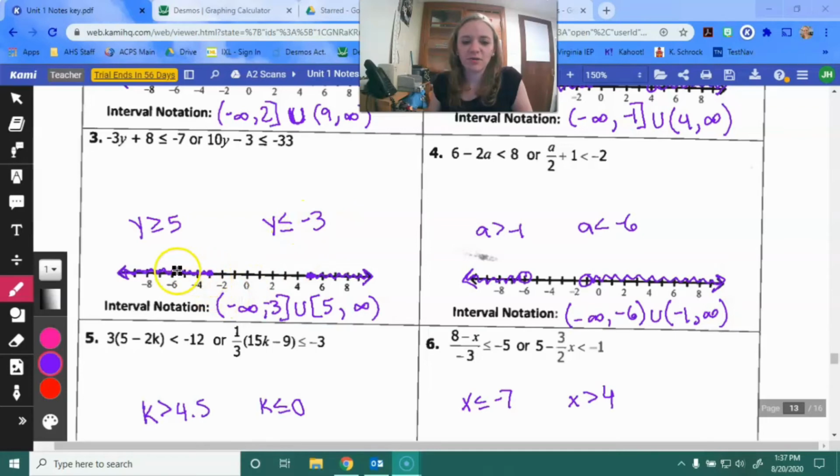So, negative 3 this way, 5 this way, both have brackets. Number 4, a is greater than negative 1 and a is less than negative 6. So open at 6, less than, open at negative 1, greater than, giving parentheses all the way through on this interval notation.